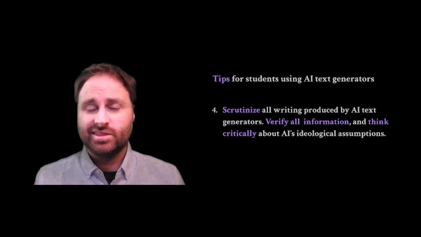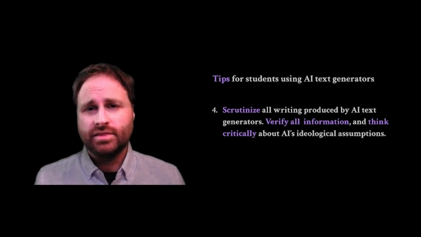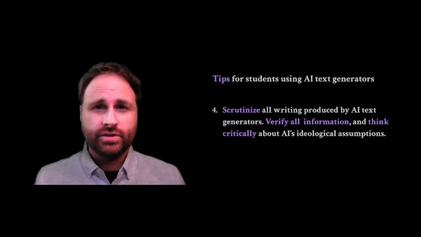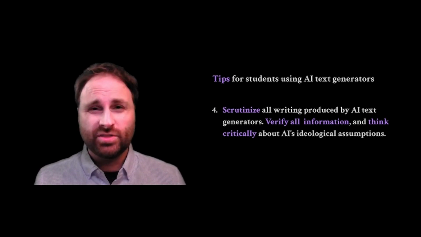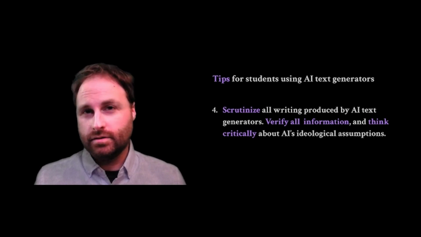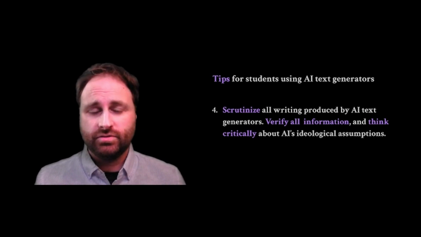In addition, they tend to reflect common biases and assumptions that they pick up from their training data. In order to avoid having these limitations of the AI text generator lower the quality of your writing, you need to be vigilant about checking over everything that the AI text generator produces.